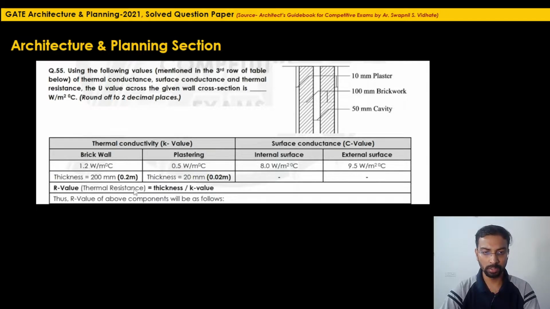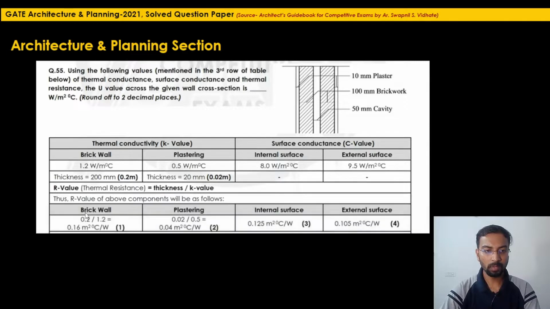So the R values for this component will be, for the brick wall, 0.2 thickness divided by K value 1.2, which will be 0.16. Similarly here we will divide 0.02 by 0.5. So this will be the R value for the brick wall, and the R value for the plastering.